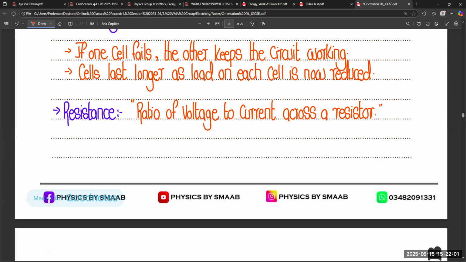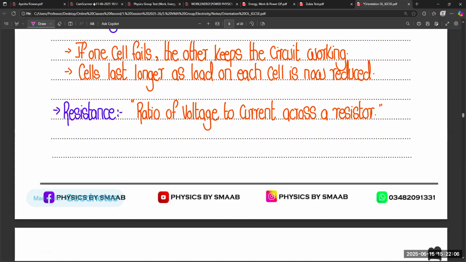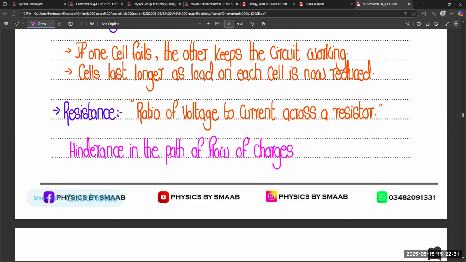But in simple words, for understanding, we can say that it is the hindrance in the path of flow of charges.